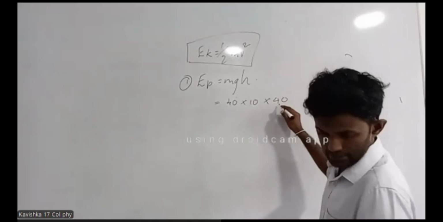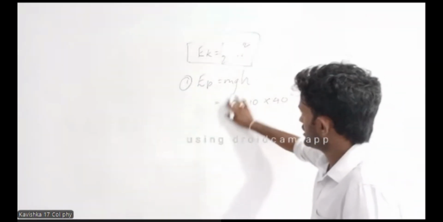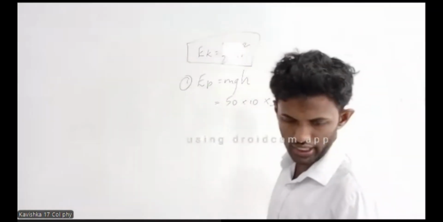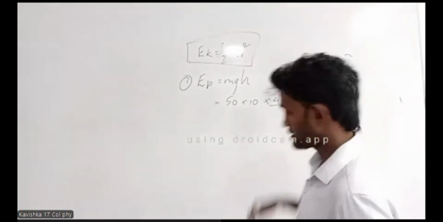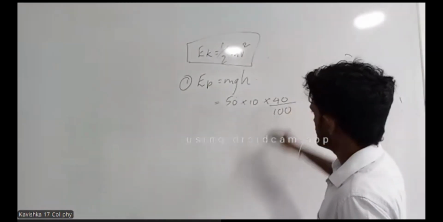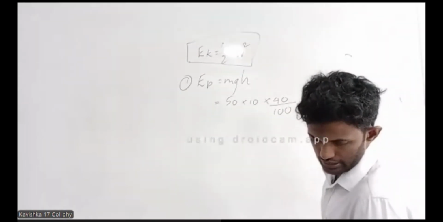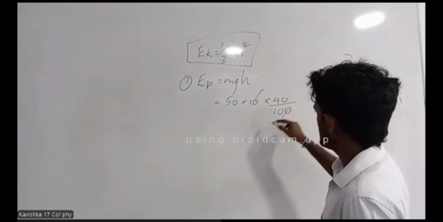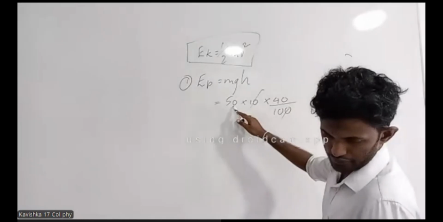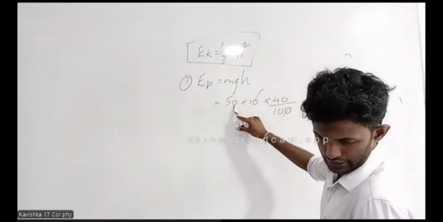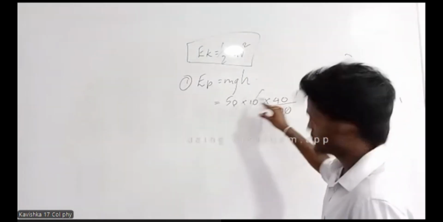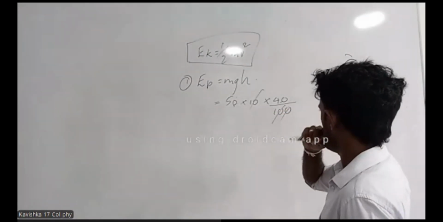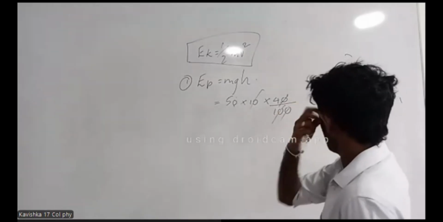Sorry, here it's 15, m is 50. Correct me if I'm wrong in the chat, sometimes I make mistakes. Here it's 100, then we can cut this off. So 50 into 10, and here also you can cut, 50 into 4.